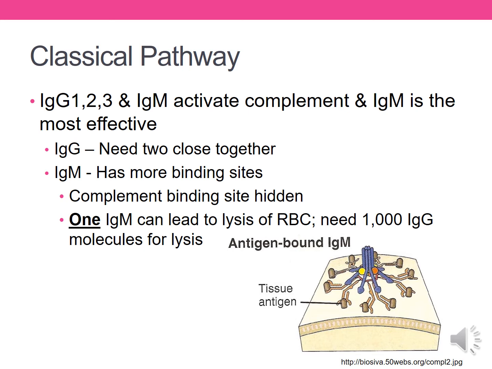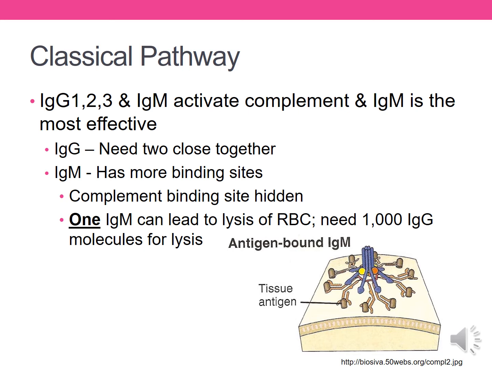IgG needs 2 IgG molecules or antibodies close together in order to initiate the start of the classical pathway, so it needs at least 2. IgM obviously only needs 1 antibody to trigger the classical pathway.